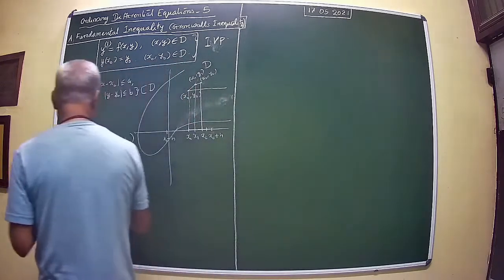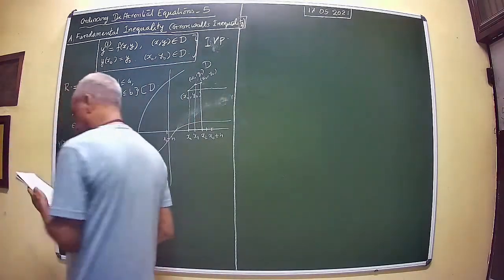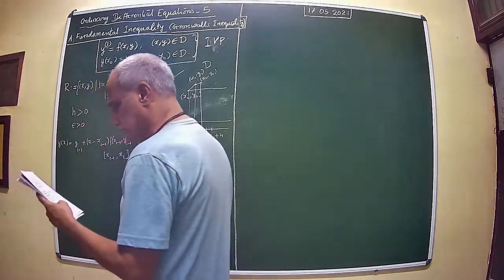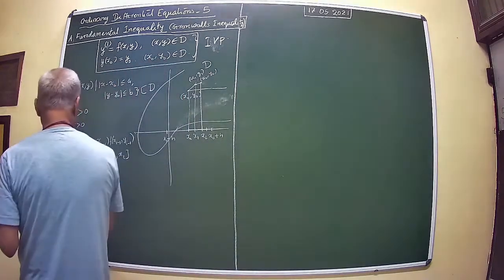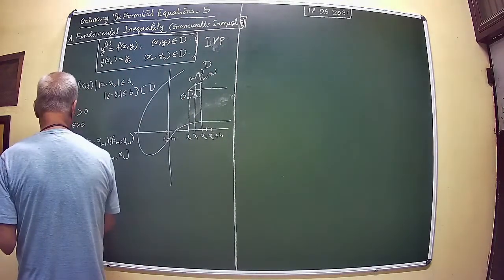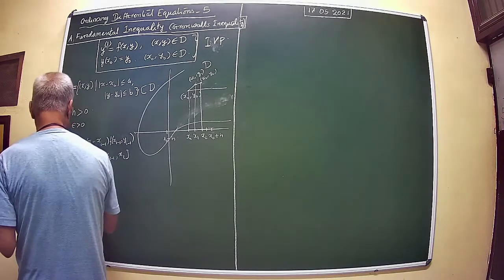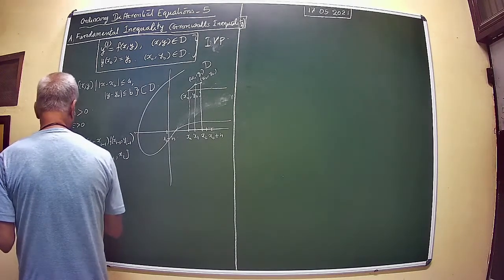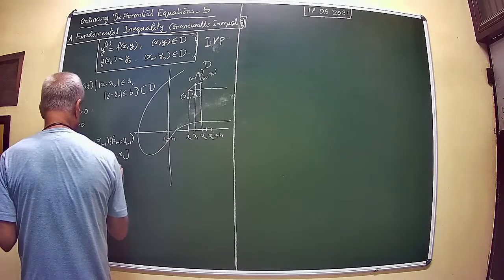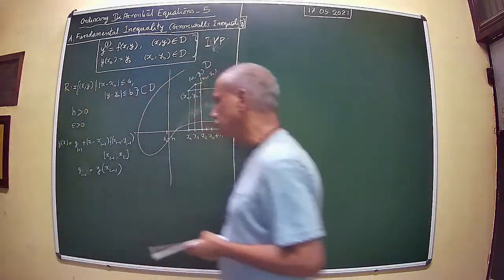Now you see that you define this on the whole interval, and y i minus 1 is taken as y at x i minus 1. This is the notation.